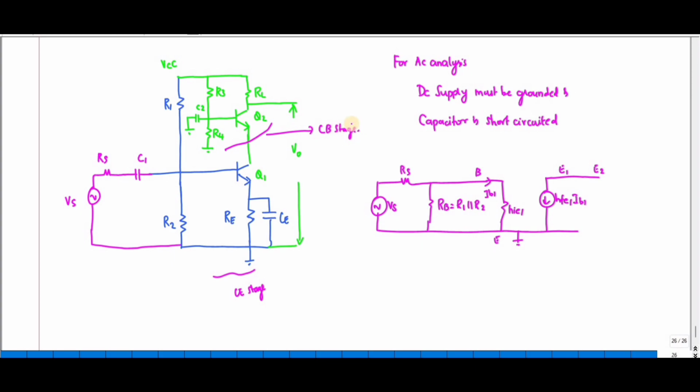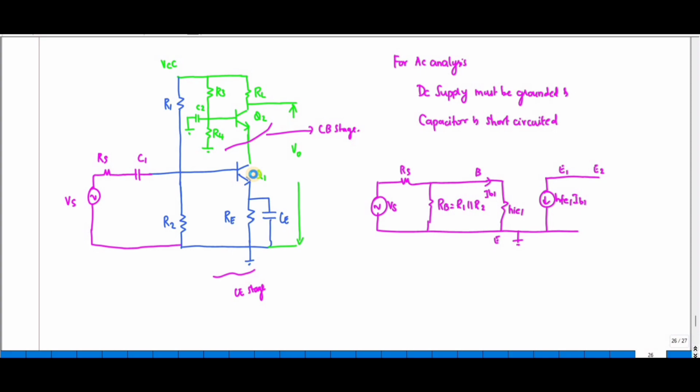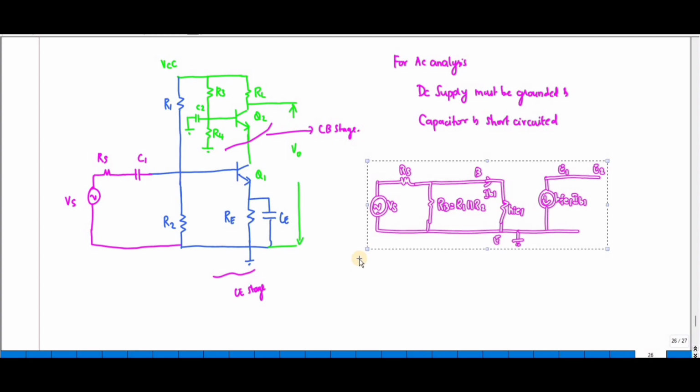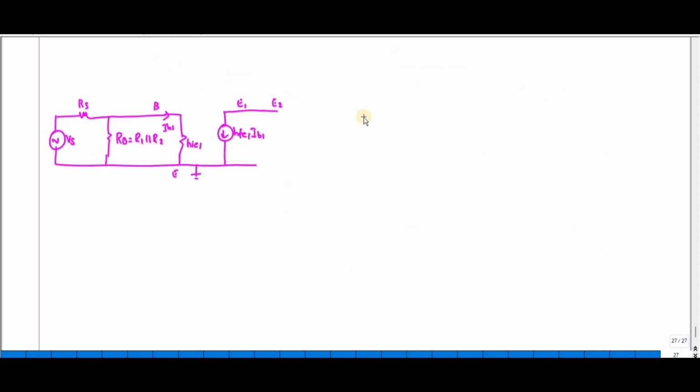Here this is your emitter and this is your base, since the base is common, and this is your collector.